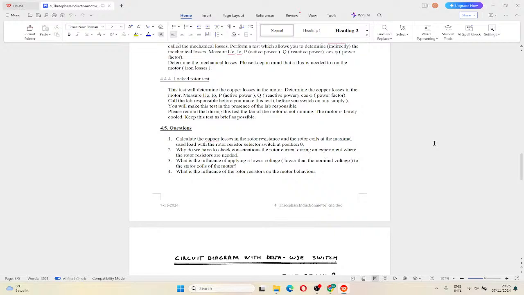Yes, you're correct. So for iron loss, we disconnect all three terminals, and for the friction loss, we short circuit the three terminals, so that we do the power measurement twice. So that's all. Is this part okay?